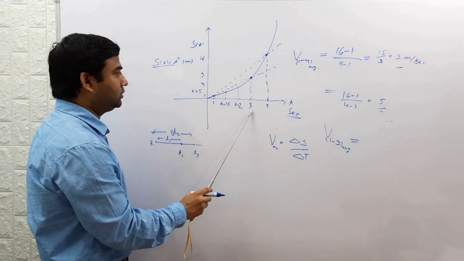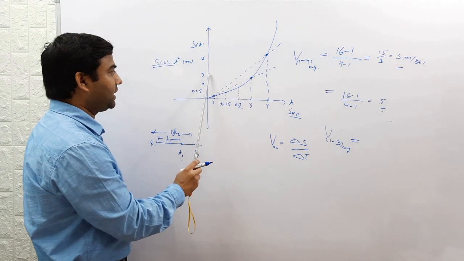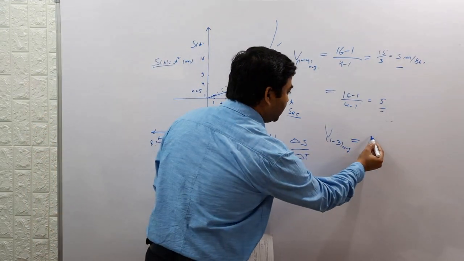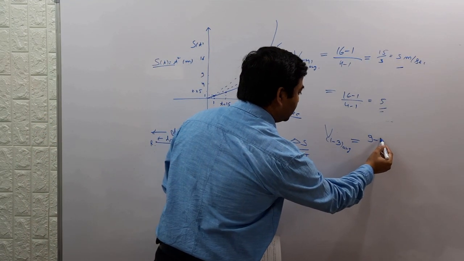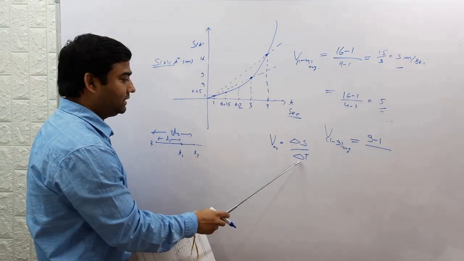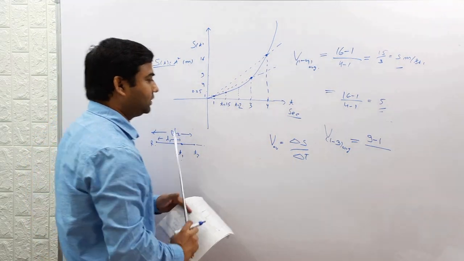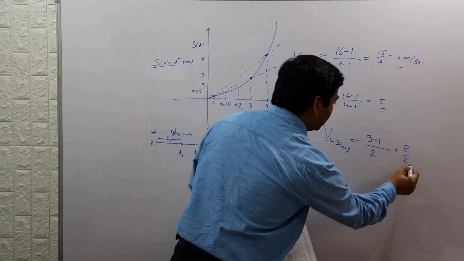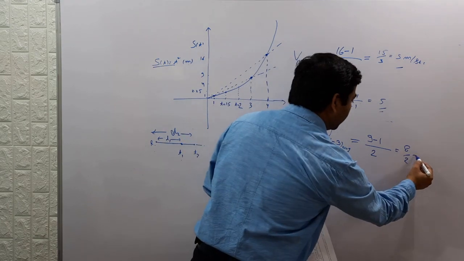At t equal to 3, its displacement is 9. At t equal to 1, its displacement is 1. So displacement between 1 to 3 is 9 minus 1, and time interval delta t is 3 minus 1, that is 2. So this will come 8 by 2, that is 4 meter per second.